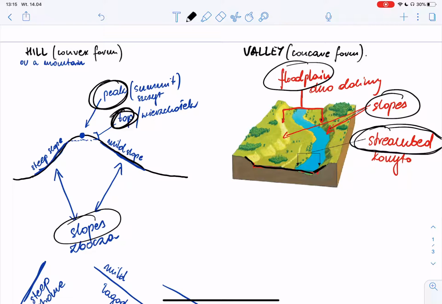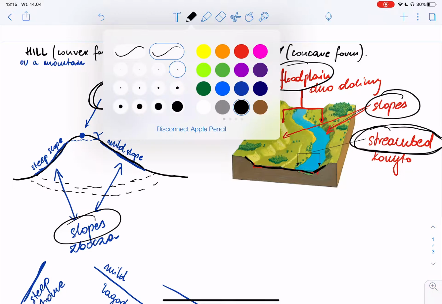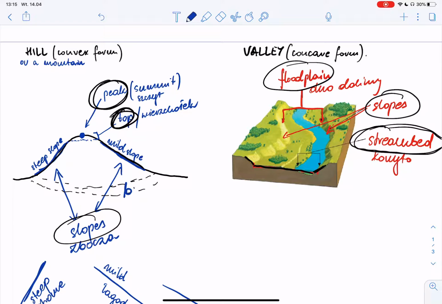We can also think about the area that is right below the hill or a slope as the base, podnóże.